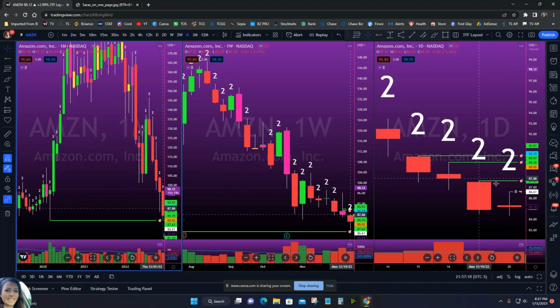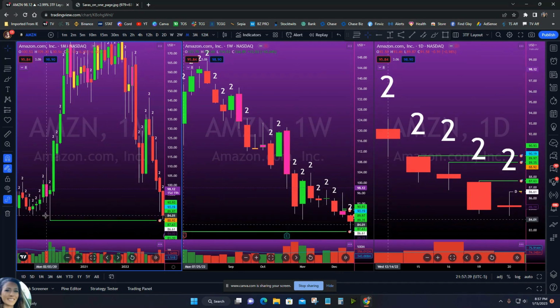I should not be taking this to the long side. I should be waiting for a 2 up to be corrective activity. We just talked about corrective activity in the last lesson. Corrective activity happens usually before you hit your target. So our big picture target is bearish and to the downside.